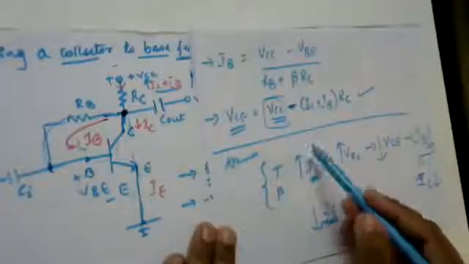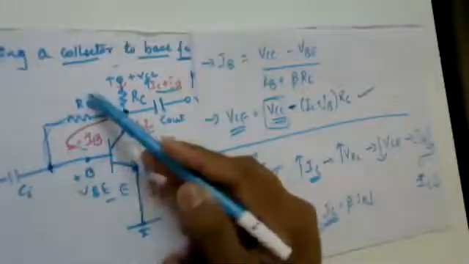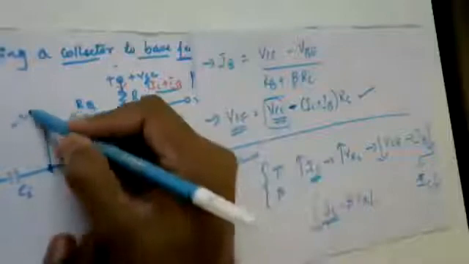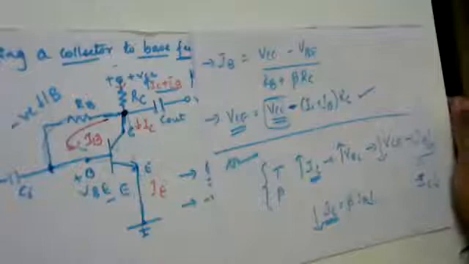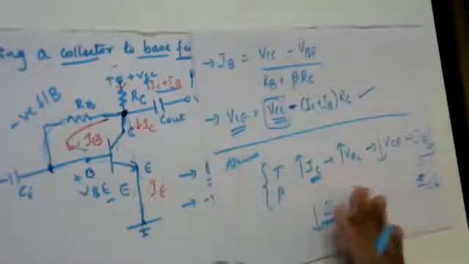Understanding? So it means here the base resistance RB is providing a negative feedback in the circuit. I just repeat this concept once again.